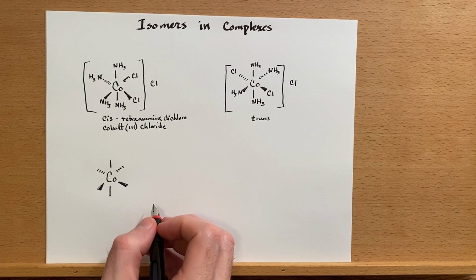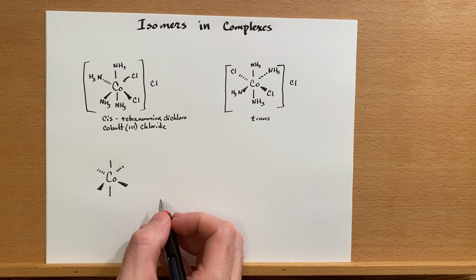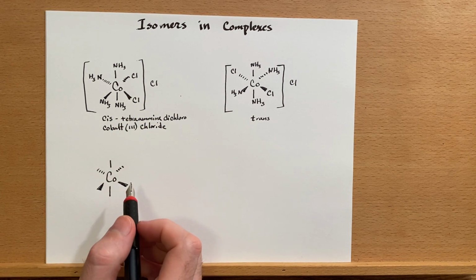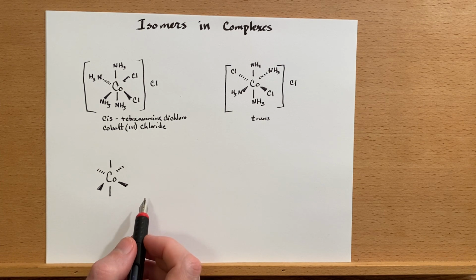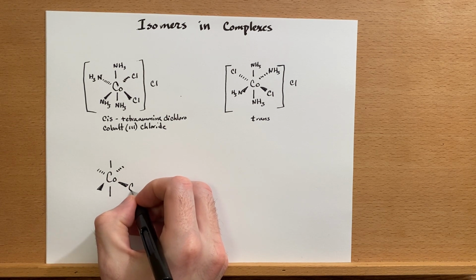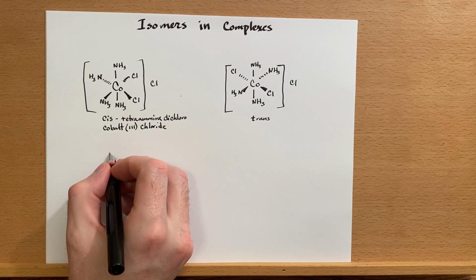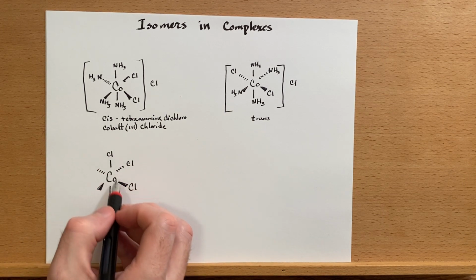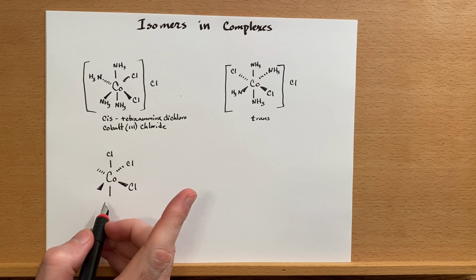Let's draw the facial isomer first, because it's kind of similar to the cis isomer, in that we have all of them on one face of the octahedron. Almost said tetrahedron there. So, chloride there, there, and there. And these all form a triangle on one face of the octahedron.